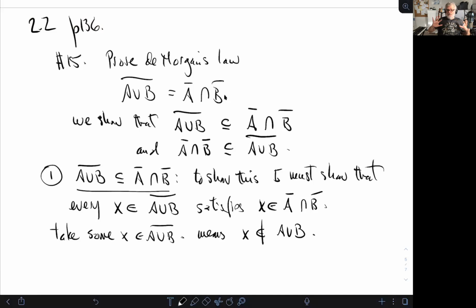It means that it is in neither, right? So this means that x is not in A and x is not in B. Hopefully everybody agrees, believes what I'm saying is the truth and not alternative facts.